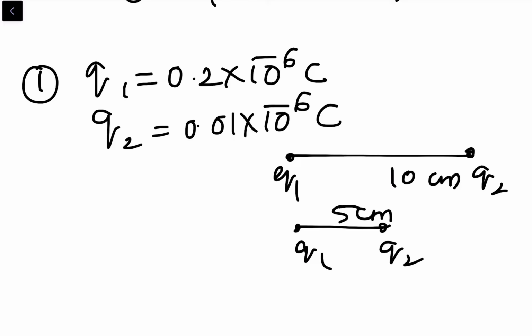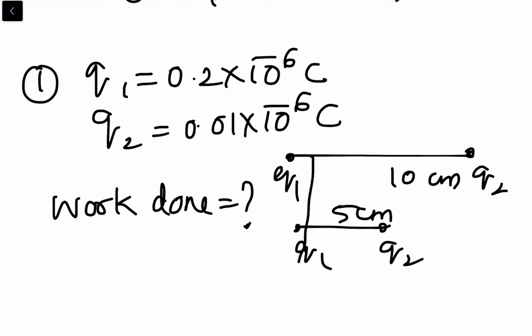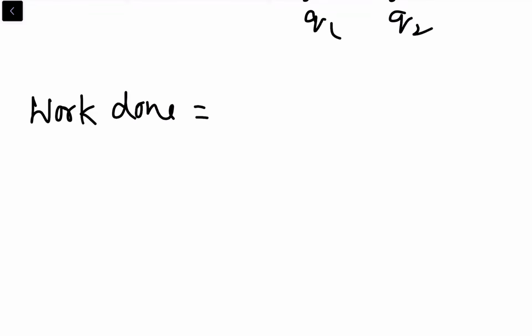So what is the work done? That is the question they have asked. Work done is equal to question mark. To find the work done, let's take this: work done is equal to the change in potential energy.